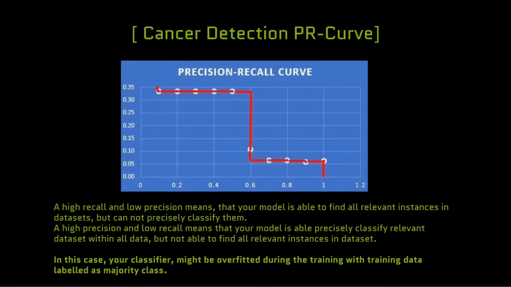A high recall and low precision means that your model is able to find all relevant instances in datasets, but cannot precisely classify them. A high precision and low recall means that your model is able to precisely classify a relevant dataset within all data, but is not able to find all relevant instances in datasets. In this case, your classifier might be overfitted during the training with training data labeled as majority class.